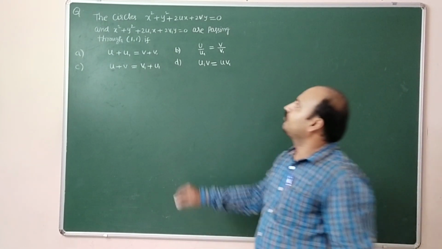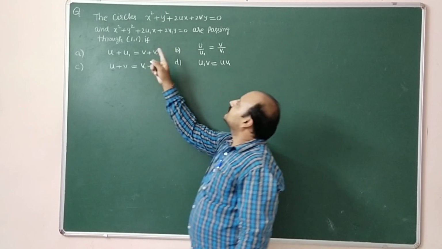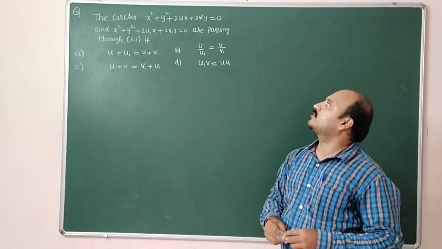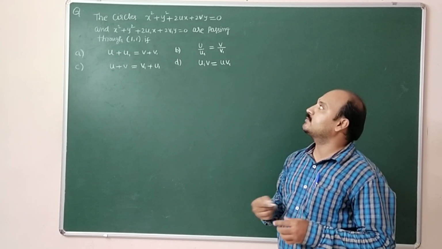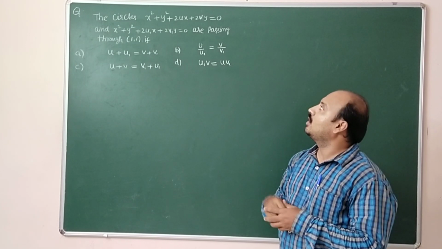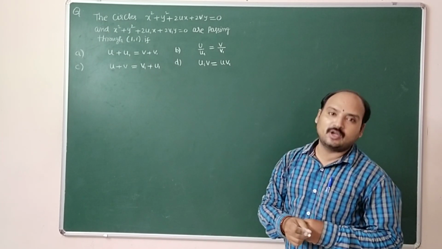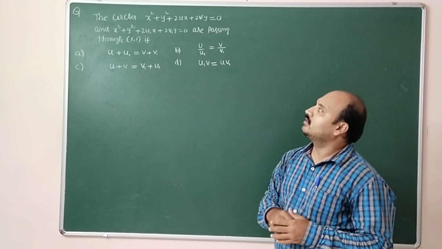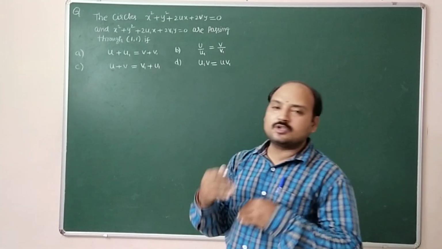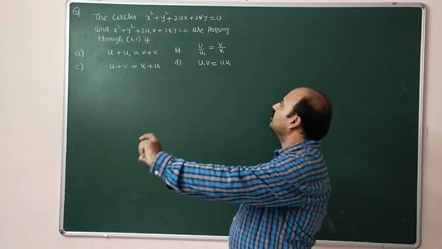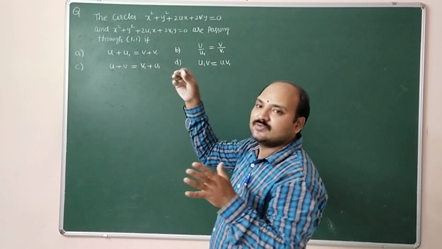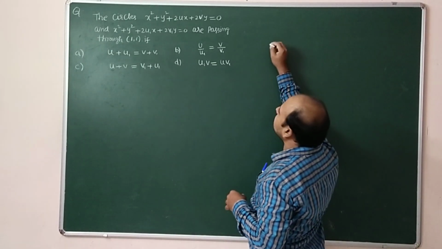The next question. The circles x² + y² + 2ux + 2vy = 0 and x² + y² + 2u1x + 2v1y = 0 are passing through (1, 1). Whenever the two circles are passing through (1, 1), the two circles are intersecting or touching each other.